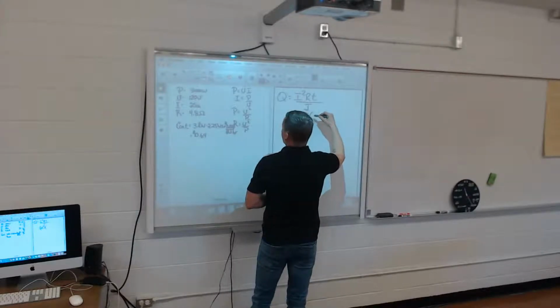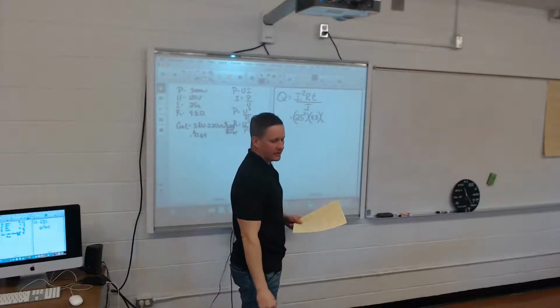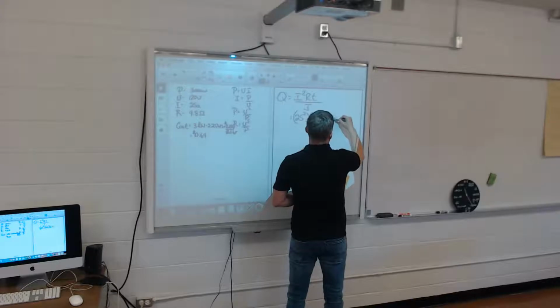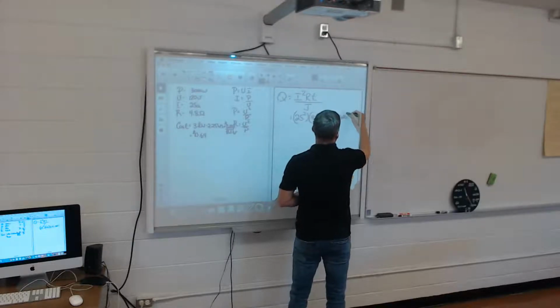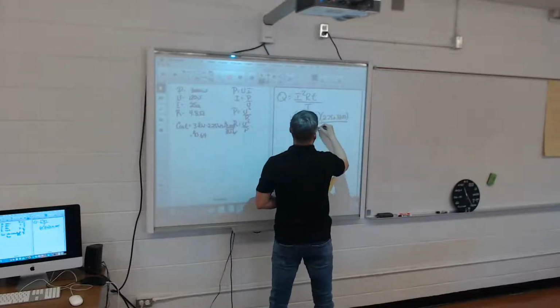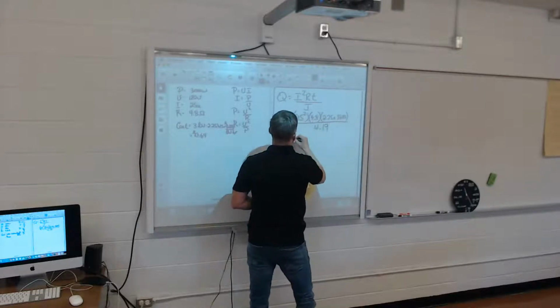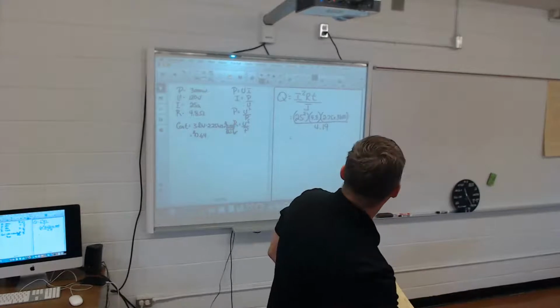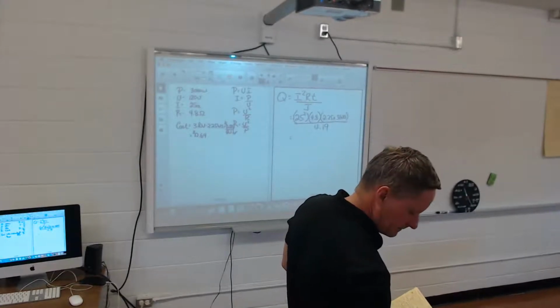My R is 4.8. My time I have to convert, so times that by 3,600 and then divide it by 4.19. So I convert the time from hours to seconds.